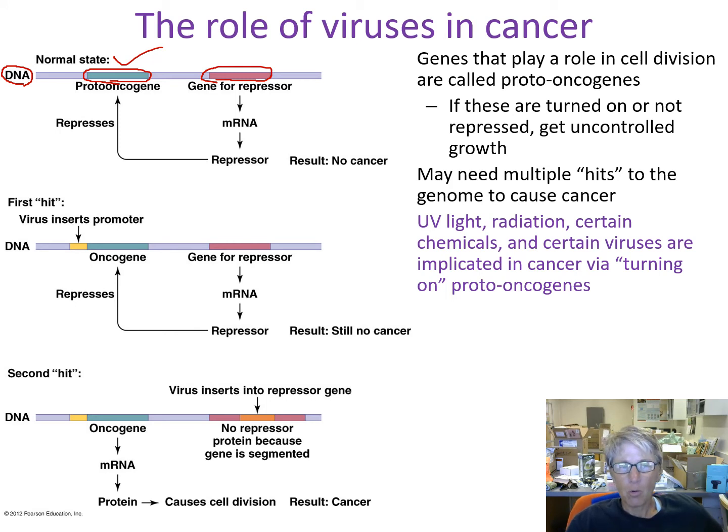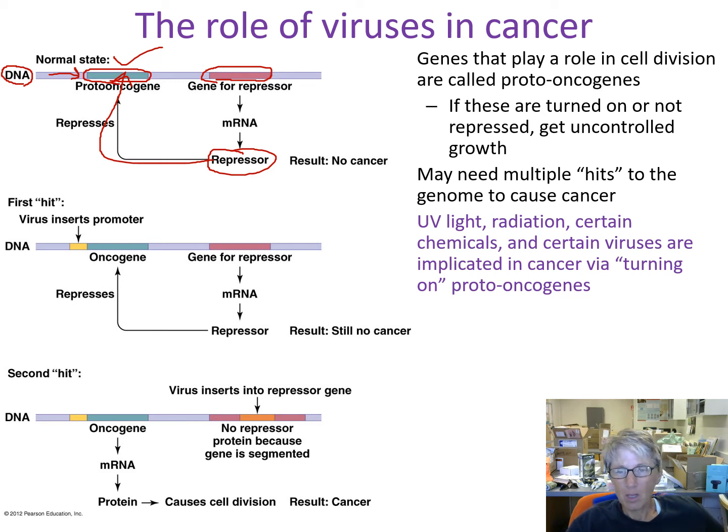And in normal conditions, this protein, made from a gene and messenger RNA, is called a repressor protein. And the repressor, when it's made, represses the proto-oncogene. So the repressor protein sits on the proto-oncogene. The proto-oncogene then cannot be transcribed because there's a blocker there. And your proto-oncogene stays a proto-oncogene. It doesn't turn into an oncogene.